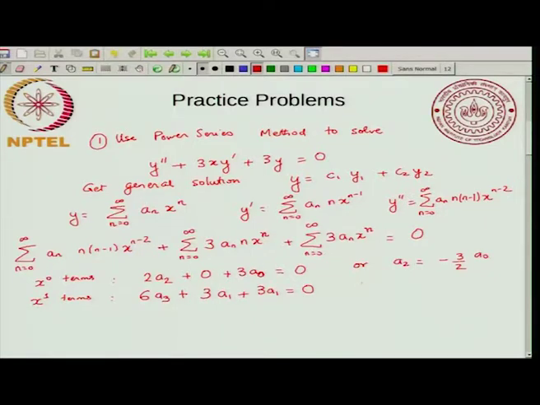So you will get a3 equal to minus a1. These are some of the relations you can do.